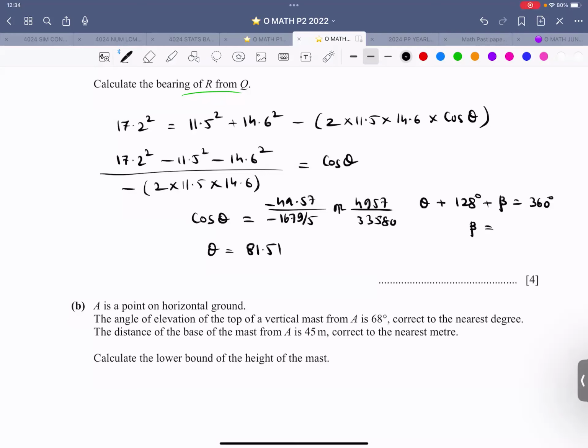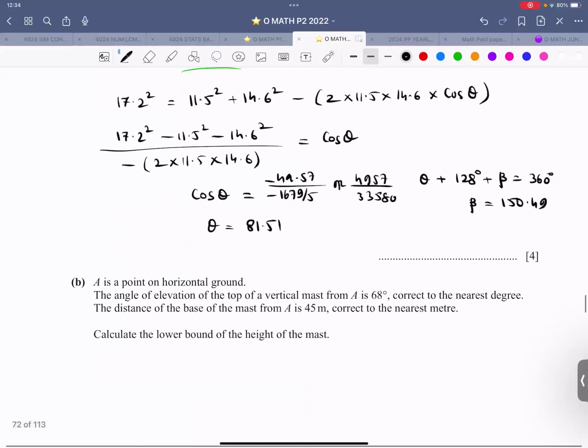So beta is 360 minus 128 minus 81.51. This comes out to be 150.49. So beta is 150.49, and there is no level of accuracy except the one at the beginning. So therefore 150.5, that is the bearing. Yeah, that's the answer for this part.